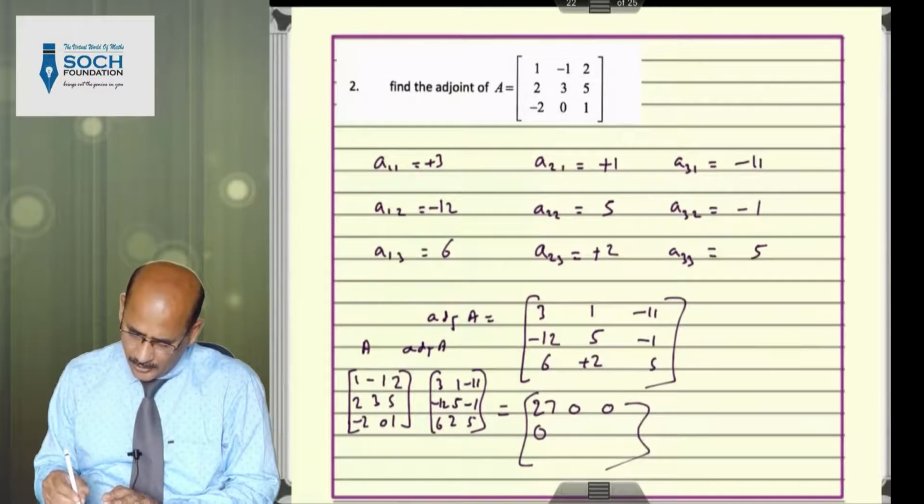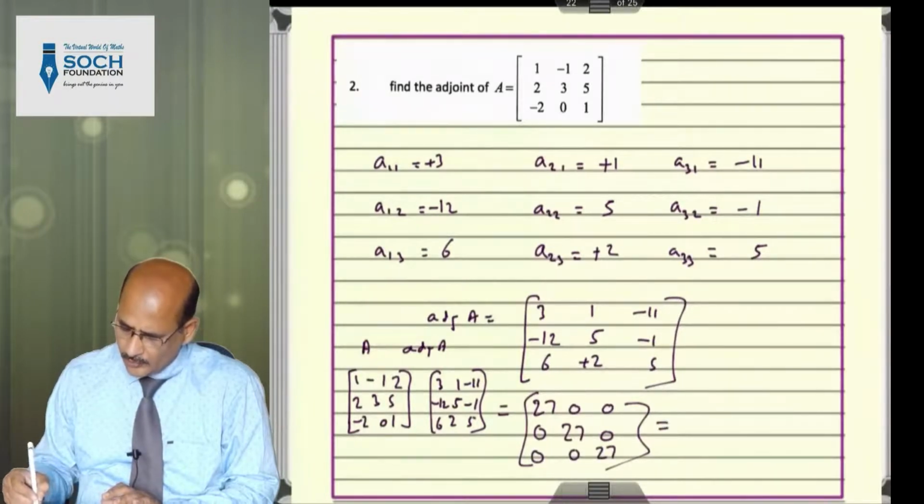Then second row and second column, 2 plus 15, 17 plus 10, 27. This is 0. This is minus 6, 0 plus 6 is 0, then 27. So if you see this, this is 27 times I.